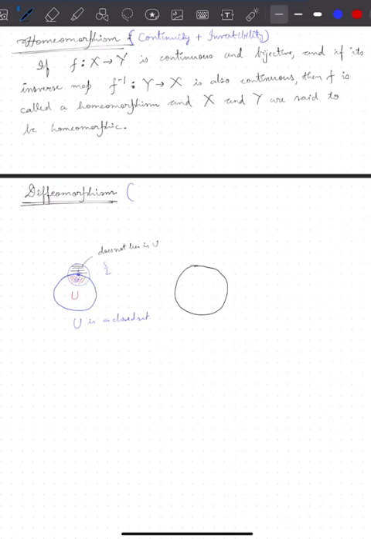Ideally the way we would define an open set is like this: have a dotted line, and all the elements inside are elements of some set V, but this boundary is not included. So in this case, of course, we can never select any point on the boundary because the boundary is not included.